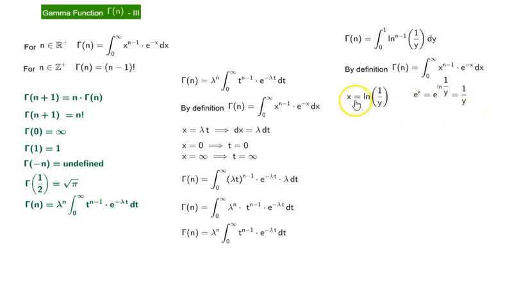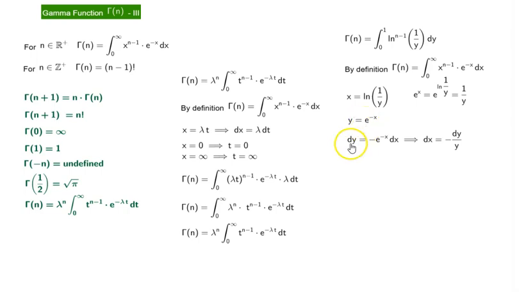What have we done here? We have exponentiated both sides. So e to the power of x and e to the power of natural log of 1 by y. Now e and natural log cancel out to be left with 1 by y, which means y is equal to e to the power of minus x. Okay.